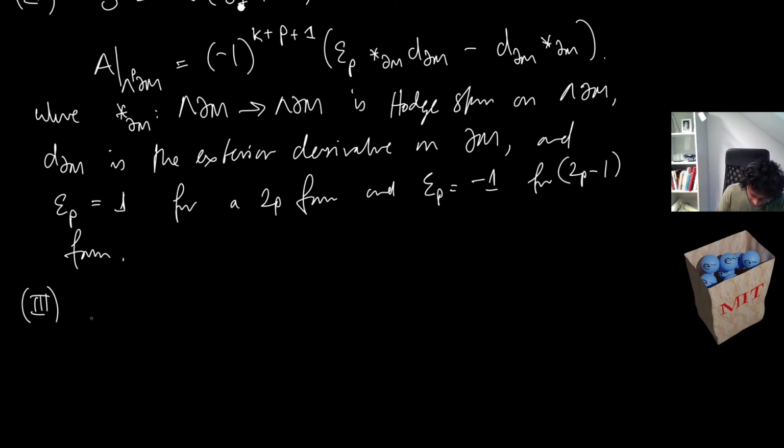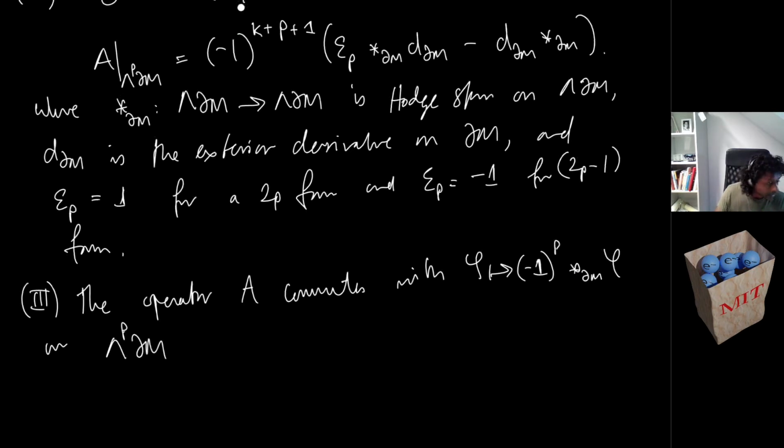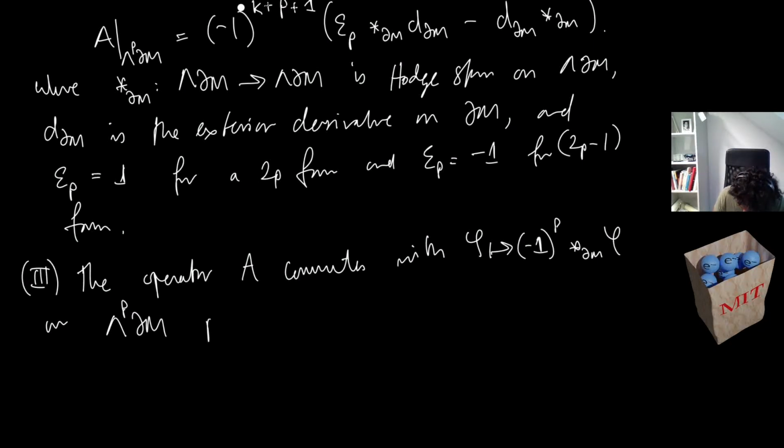And the operator A commutes with phi mapping to (-1)^p Hodge star of phi on p-forms, preserving parity.